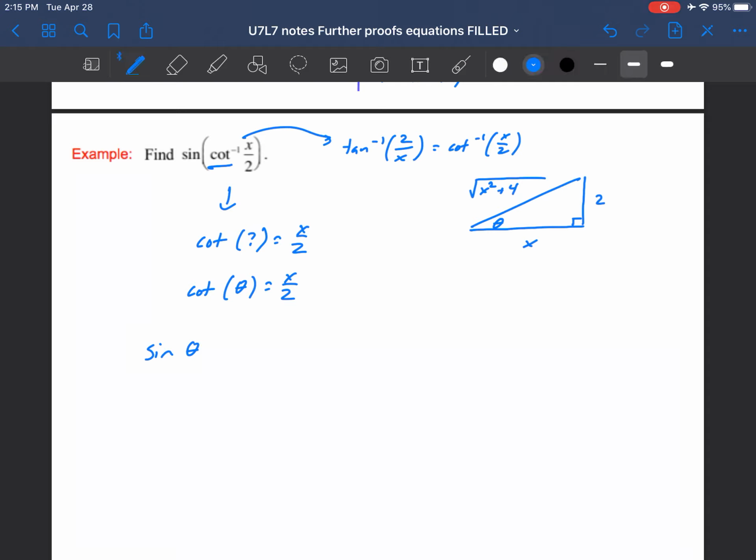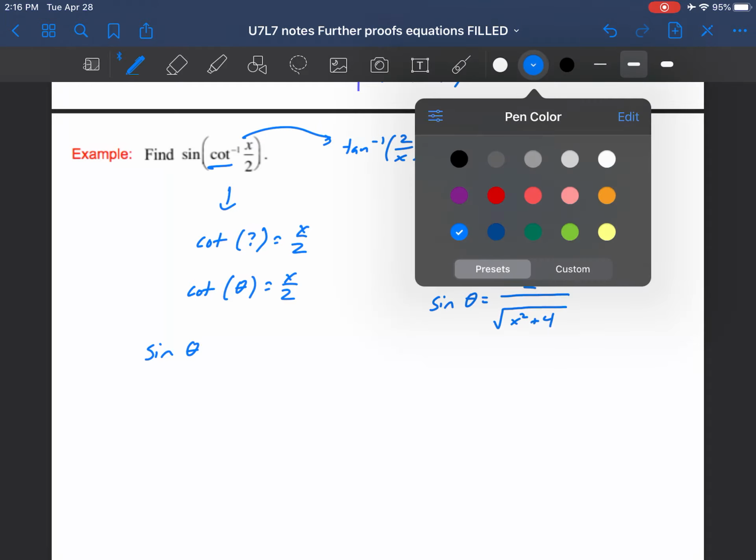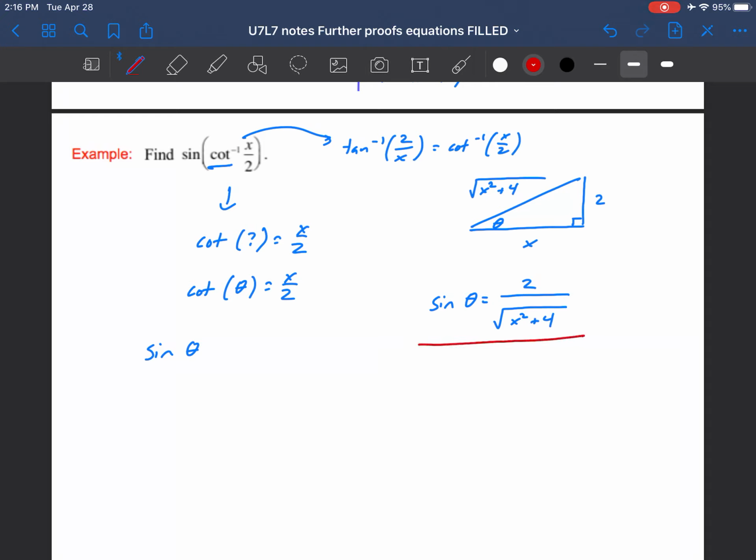Now, I want to find the sine of this. So the sine of this angle theta is equal to the opposite over the hypotenuse. So that's going to equal 2 over the square root of x squared plus 4. And that's our answer.